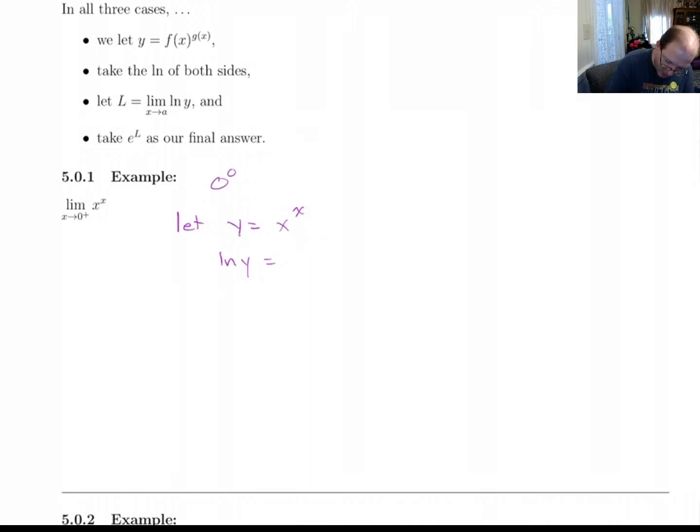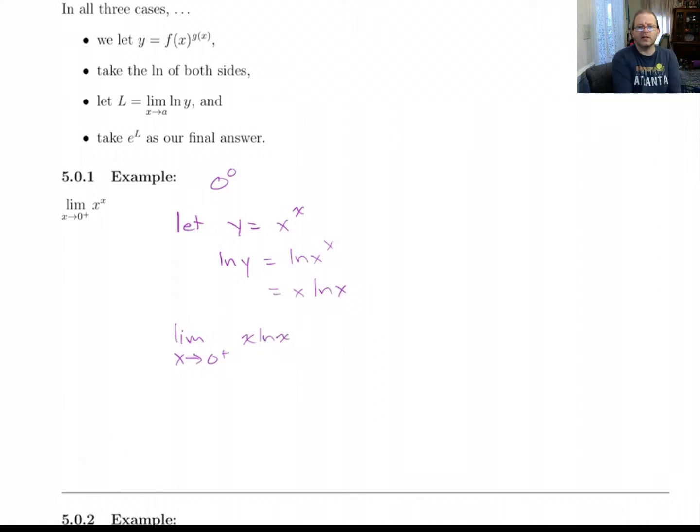Let me go back. You get ln of x to the x, and of course you can rewrite that as x ln x. So now what I need to do is take the limit as x goes to 0 from the plus side of x ln x.